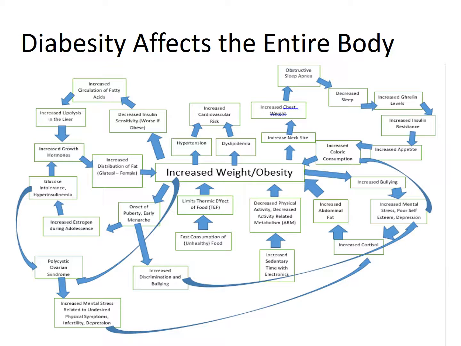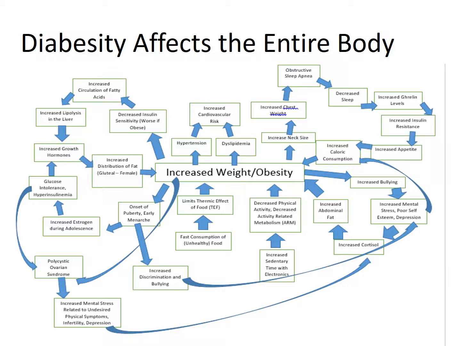This is my concept map, which describes how many of the factors that contribute to weight gain are cyclical. For example, when an adolescent is overweight, there tends to be increased bullying, which is over on the right-hand side of the screen. They get made fun of, which then increases their mental stress, makes their self-esteem worse, and then they also get depression.